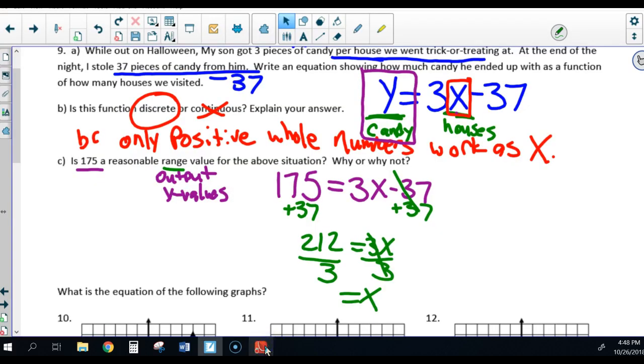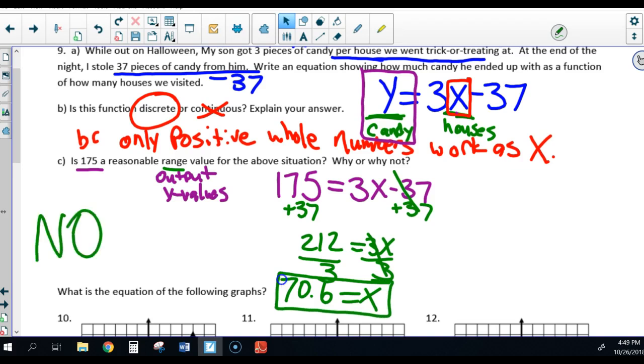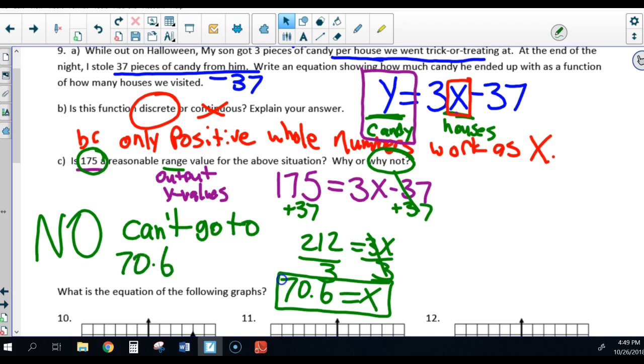Is it possible for me and my kids to go trick-or-treating to exactly 70.6 houses? No, it is not. So 175 is not a reasonable range value because you can't go to 70.6 houses.